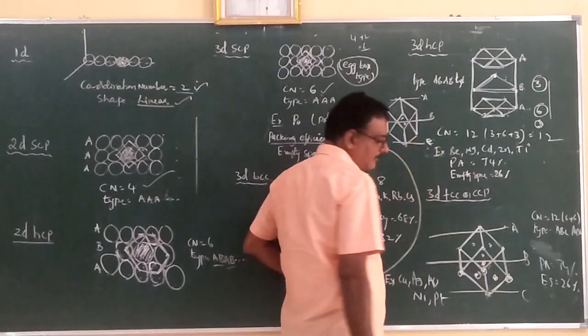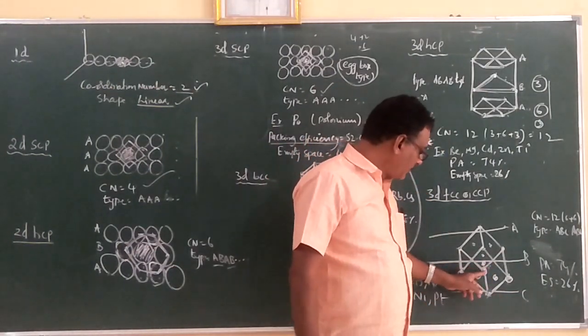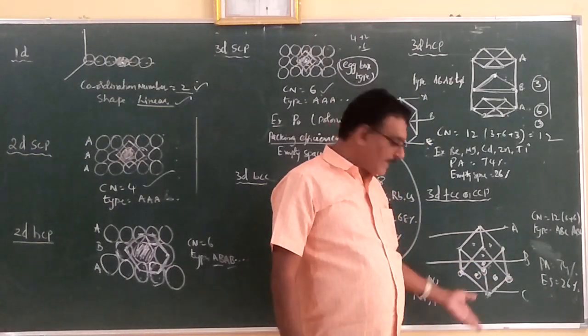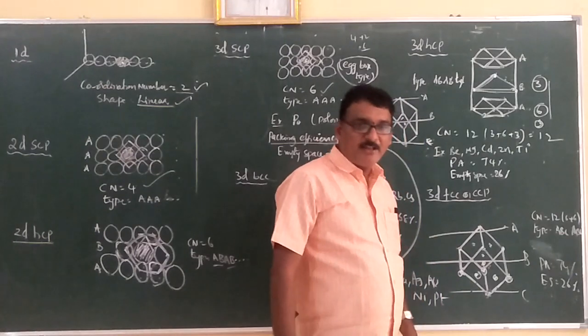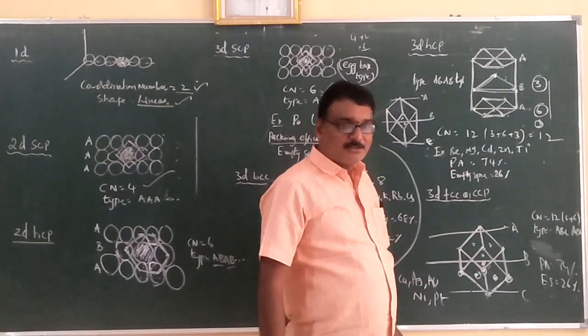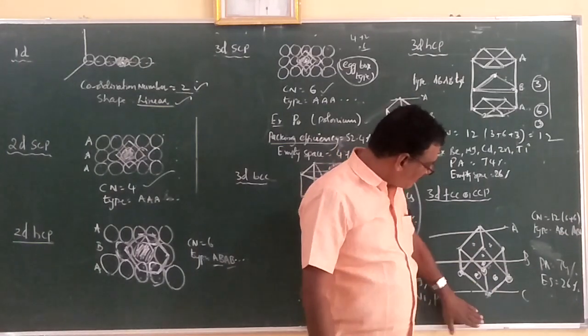Next C, after that again B. But B also has 6 over there. So therefore next after that C, after that B.